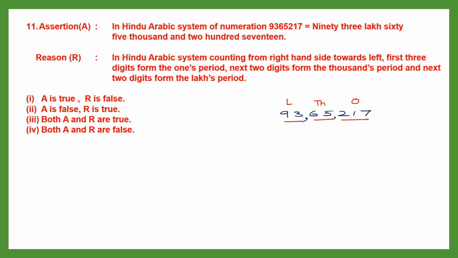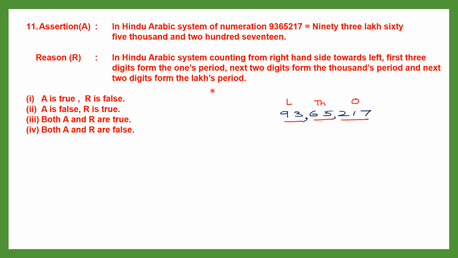Now let's look at the reason and see whether it's explaining this assertion. In the Hindu-Arabic system, counting from the right-hand side towards left, the first 3 digits form the ones period. Does it happen that way? Yes, isn't it? The first 3 digits form the ones period. The next 2 digits form the thousands period.